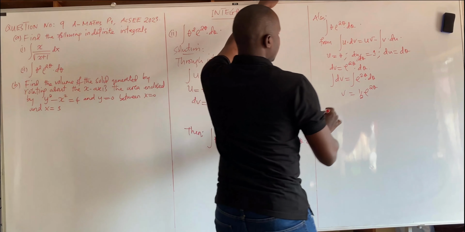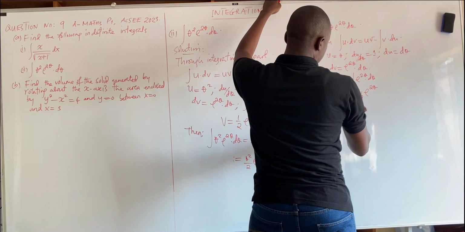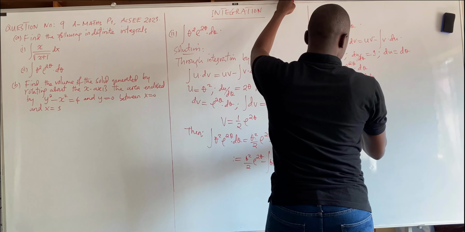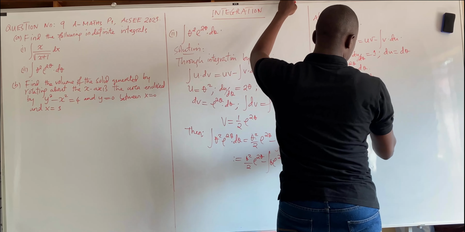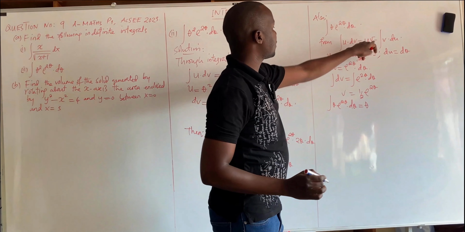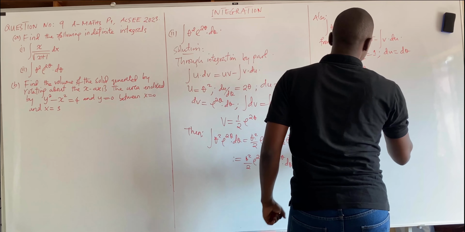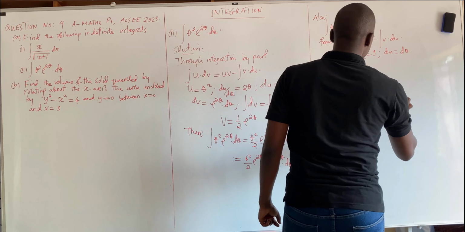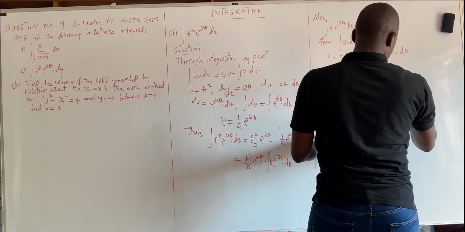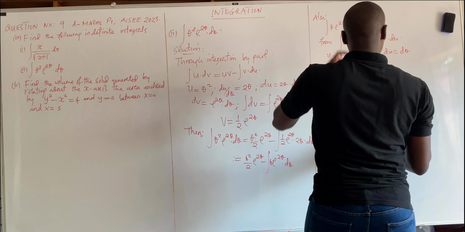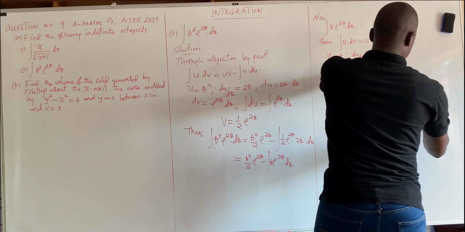So from there, integral of theta e of 2 theta d theta now becomes u, which is theta, times v, which is a half, e of 2 theta. Now we minus integral of v, but our v is 1 over 2 e of 2 theta. Then du is the same as d theta.